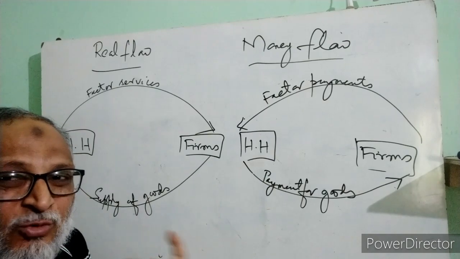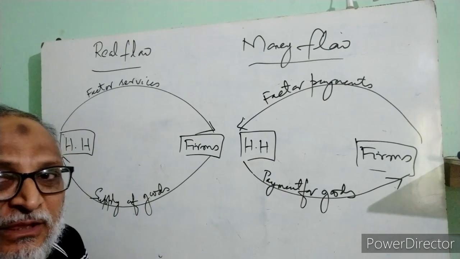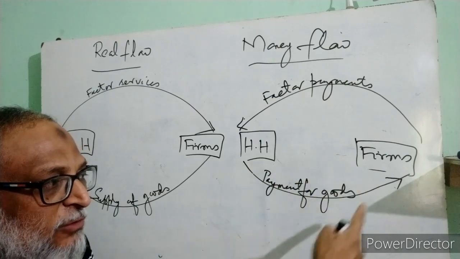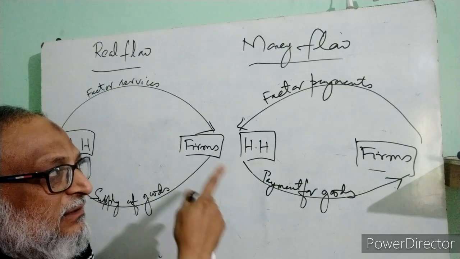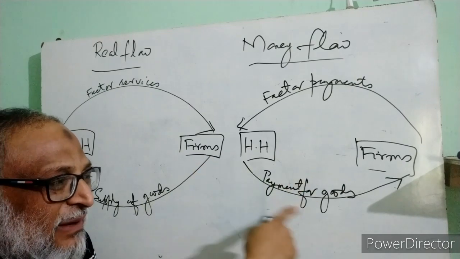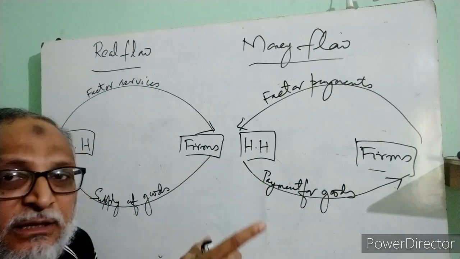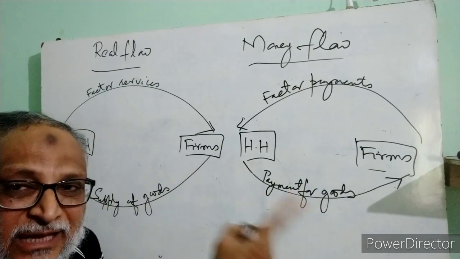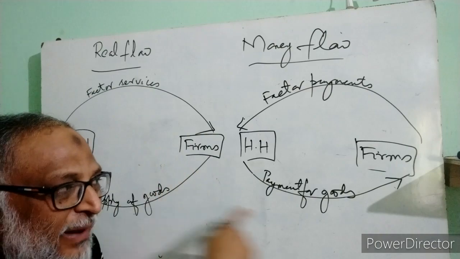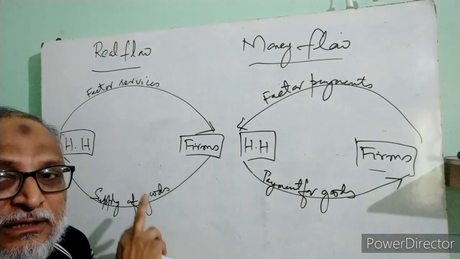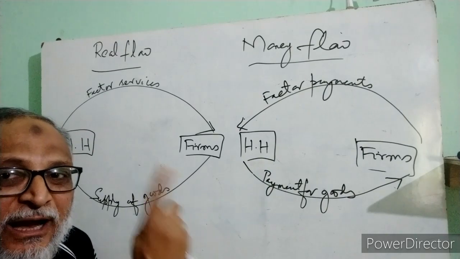Now where are they going to use this income? To fulfill their needs. So where from will they fulfill their needs? The firms are going to supply the goods to them, and then the payments are to be made by households to the firms. So again the money which came to households has gone back to the firms. So this is finally the circular flow of income, and it has two parts, real flow and money flow.